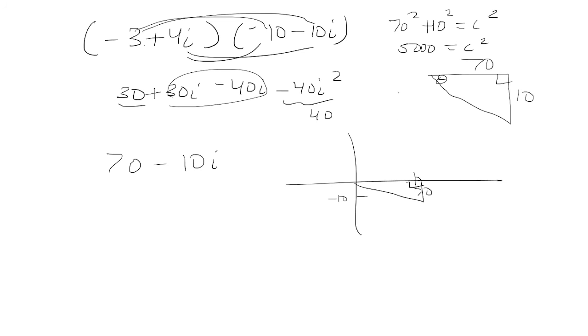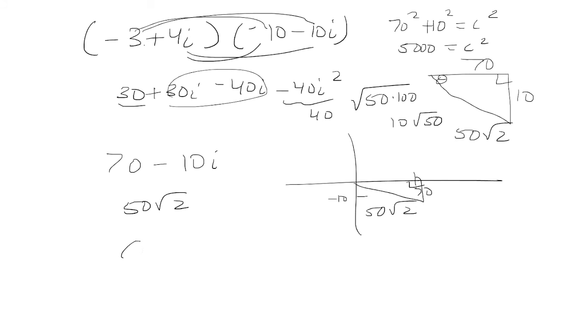So let's see, 5,000 is 50 times 100. And you take the square root of that. Square root of 100 is 10, so this is 10 root 50. But then 50 is 2 times 25. So that will be 50 root 2. So that's going to be r.